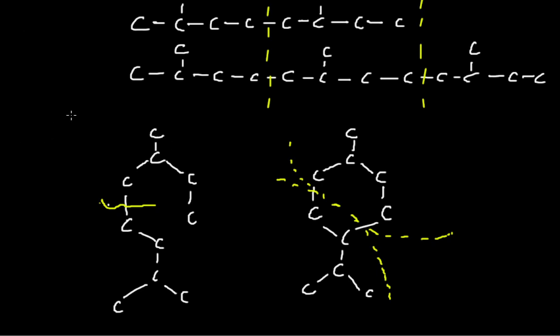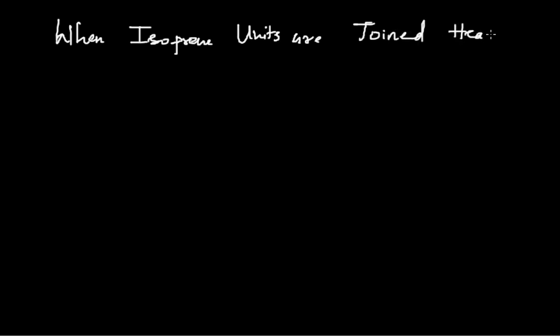Okay. There is something called the special isoprene rule, which tells you that when the isoprene units are joined head to tail sequentially. What is the head? The head being the branched end of the isoprene.